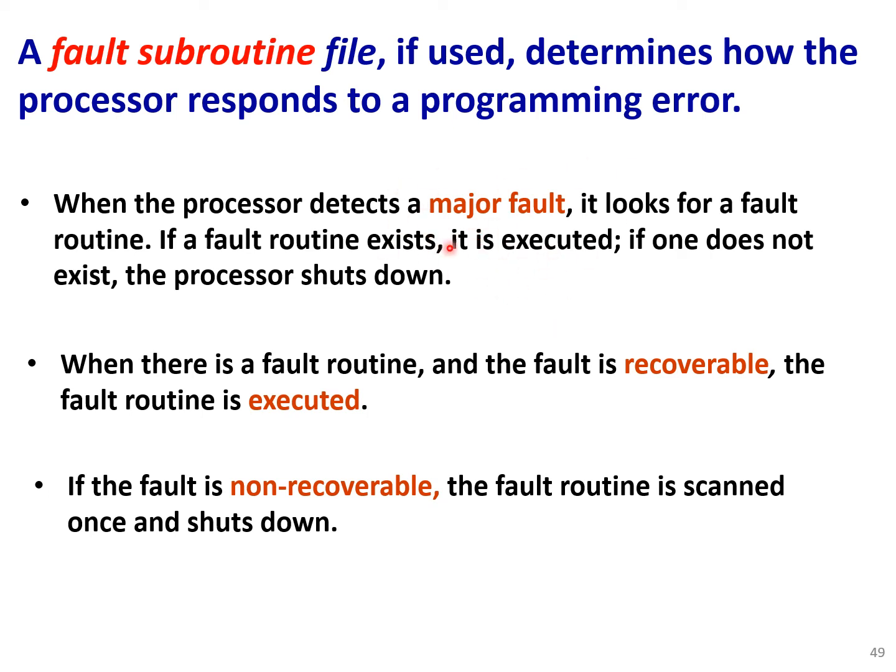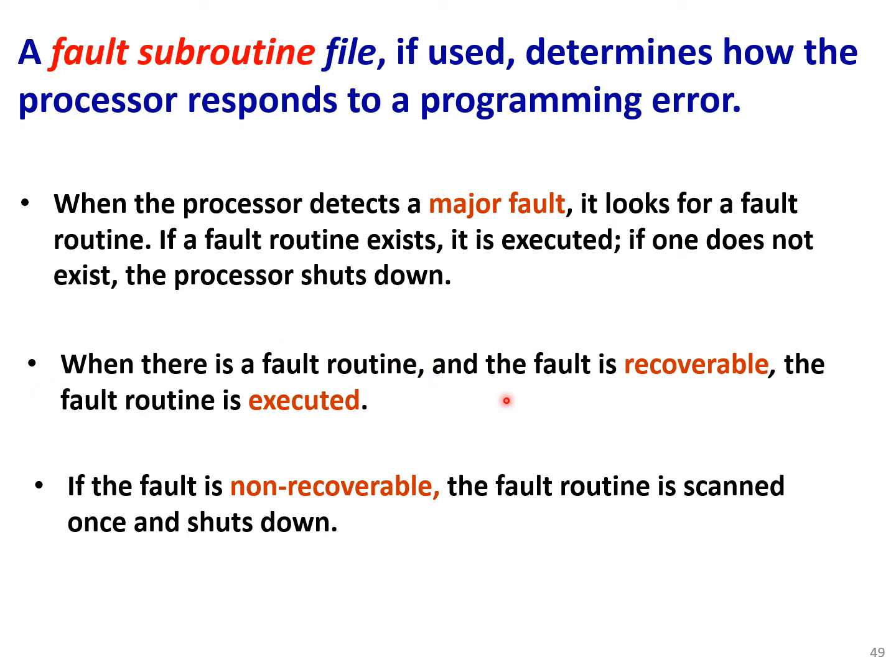If that exists, then that will be scanned and will alarm, for example, the operator accordingly, or try to fix the fault. Otherwise, the processor just shuts down the system.